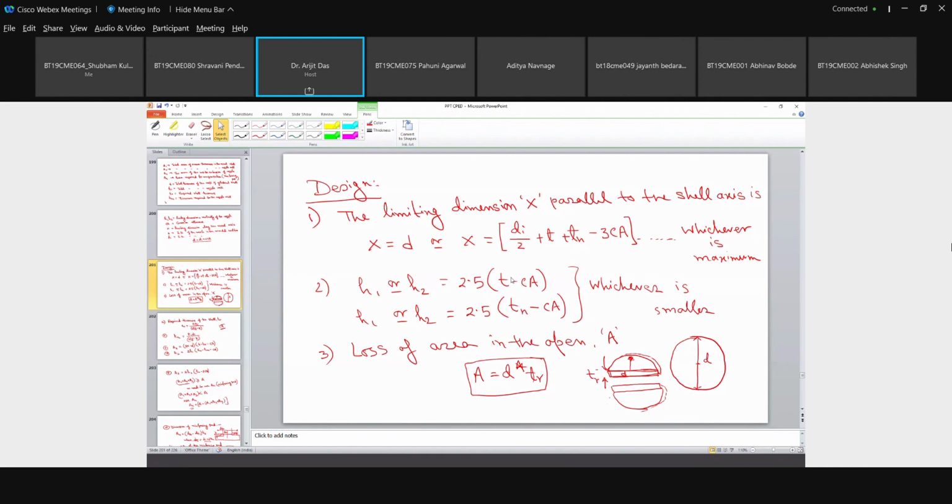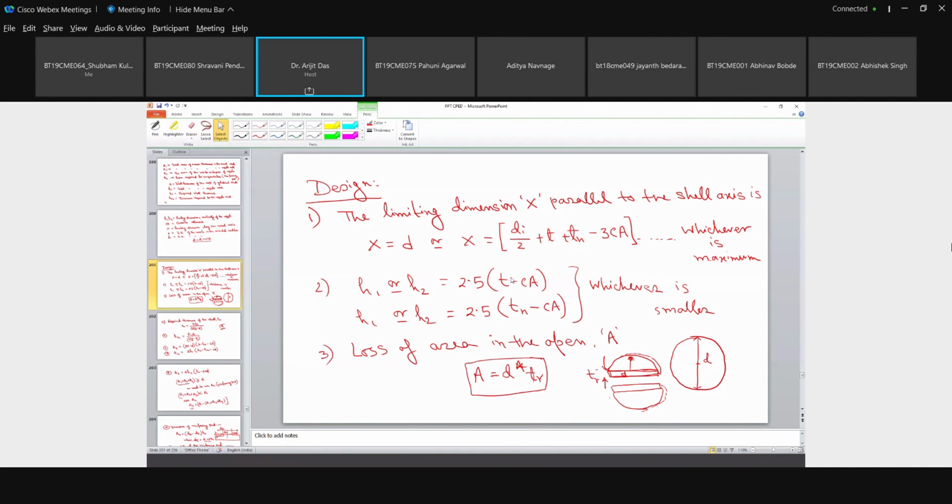It is the recommended or standard limiting dimension. Since X has two values, the minimum value will be considered. If D is minimum, we will consider D, and if the right side expression's value is less, then we will consider that one.